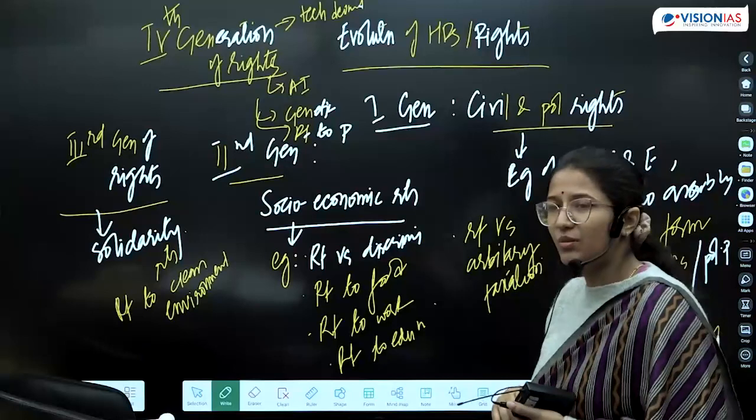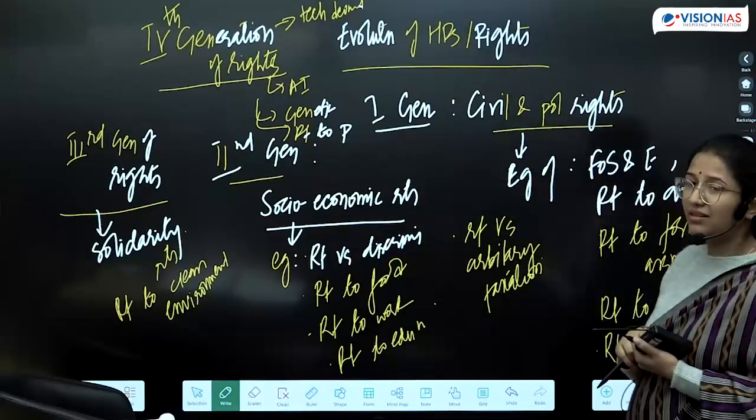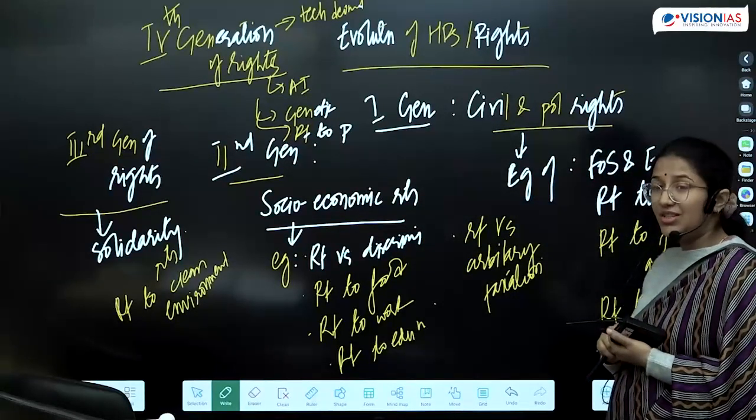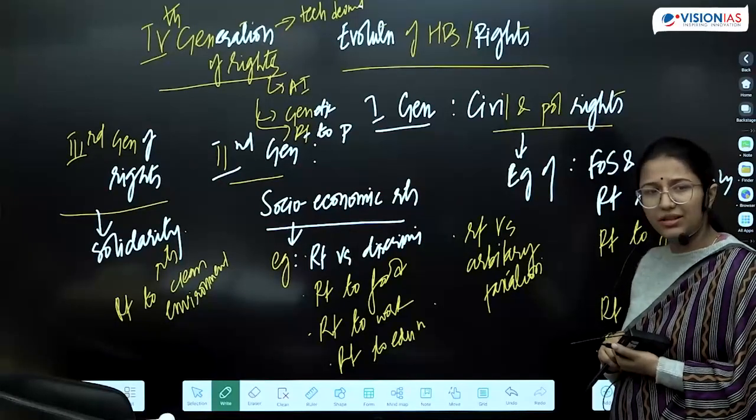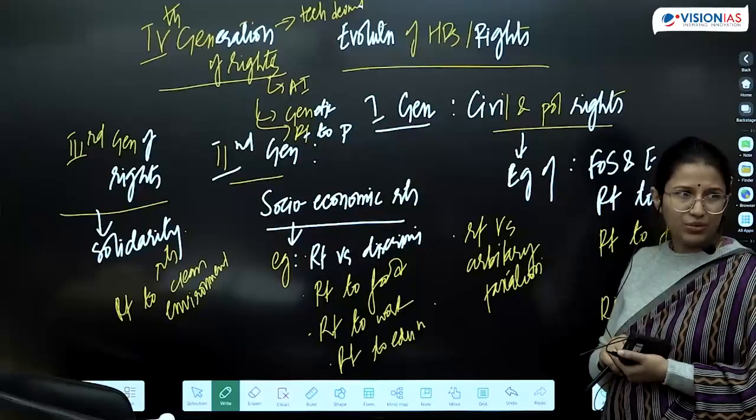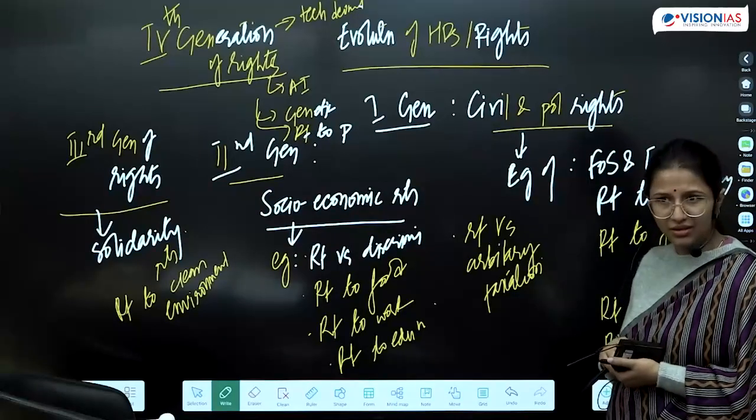So in that context, right to privacy, right to genetic integrity, right against cyber security threats are all examples of fourth generation rights.